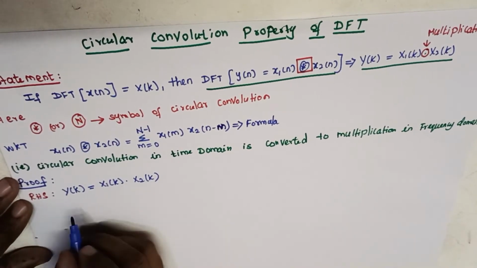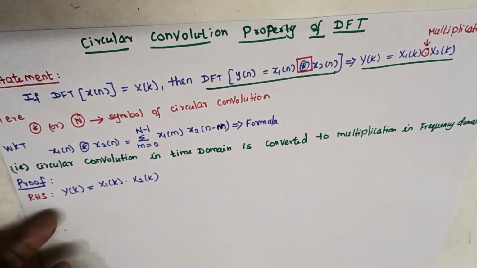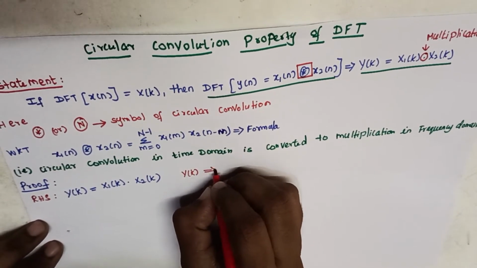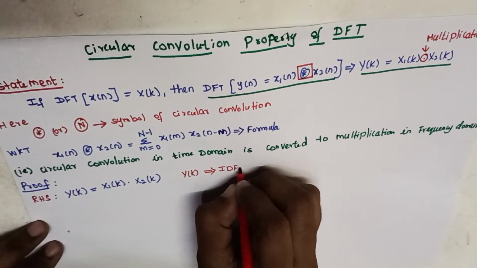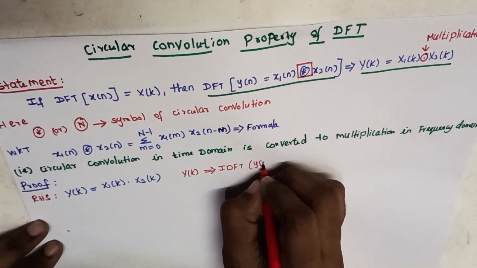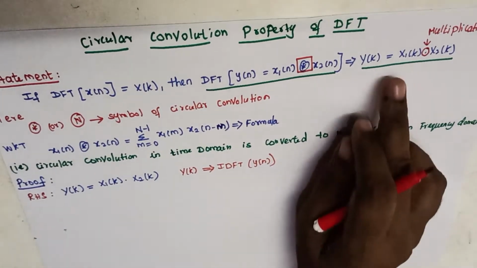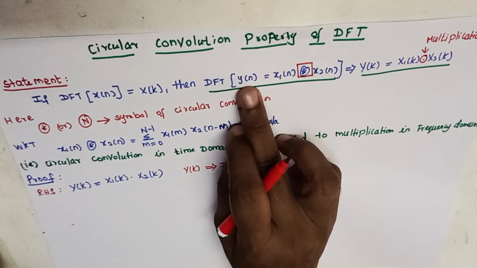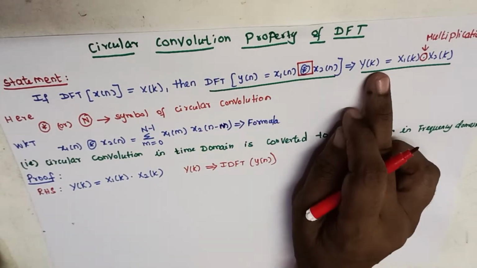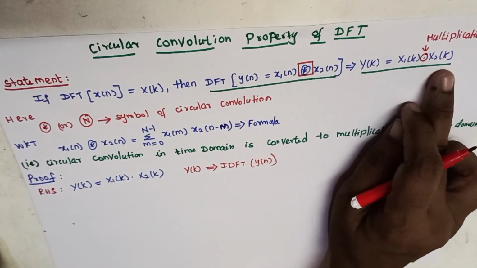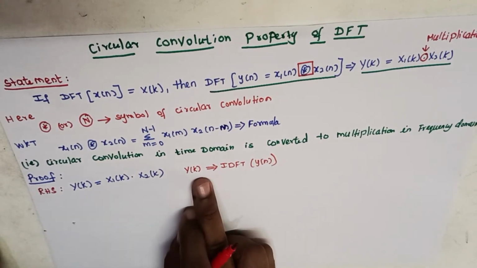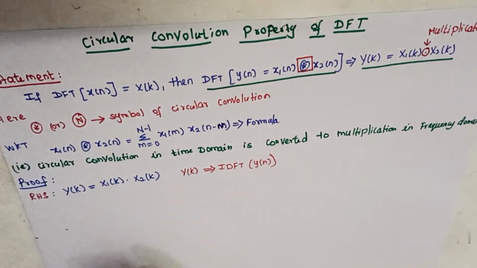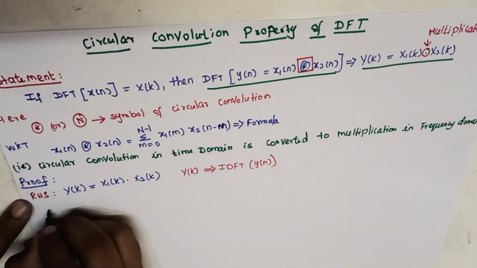And we know that y of k is nothing but the DFT of y of n. We have to get y of n as our result at the end of the proof. For that, we have considered the RHS of this equation. Now, we are going to find the IDFT of this y of k, so that we will get y of n.